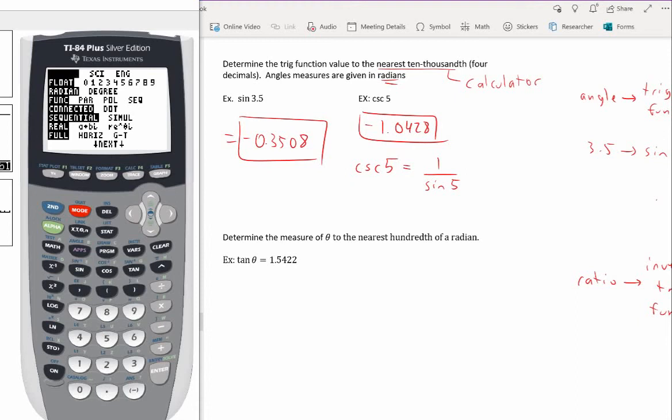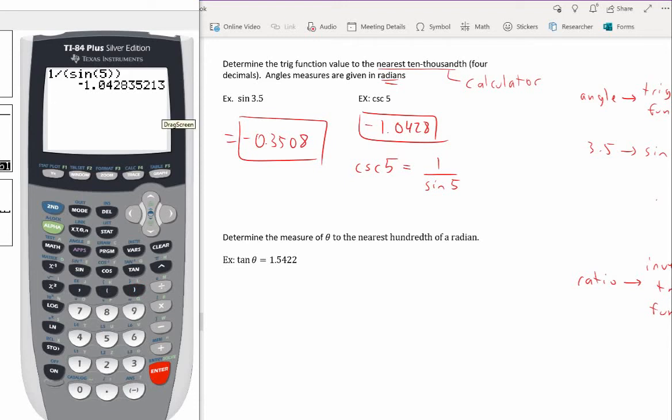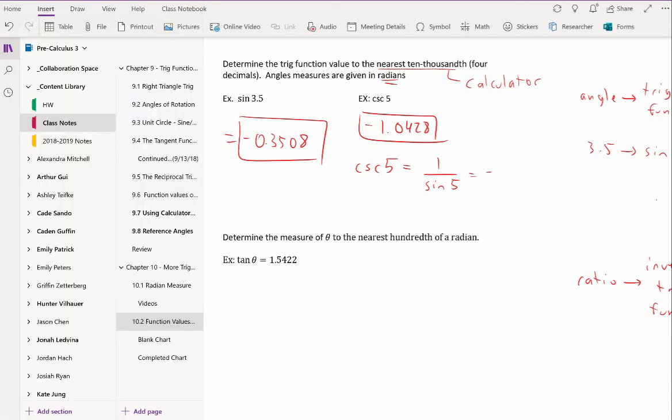I can see right here that it is in radian mode. So I'll second quit, get out of that, and type in 1 divided by, open parentheses, sine of 5, close both parentheses, and I get the same function value that I got from my Inspire calculator. So if I'm not using the Inspire, I just have to remember to do 1 over sine, and I get the exact same function value.